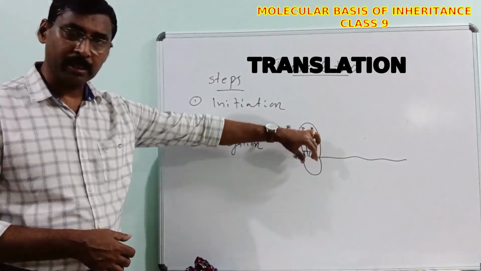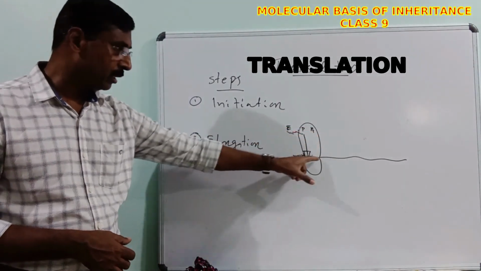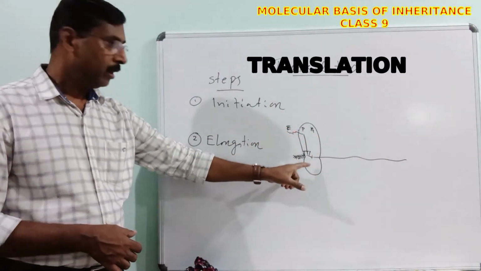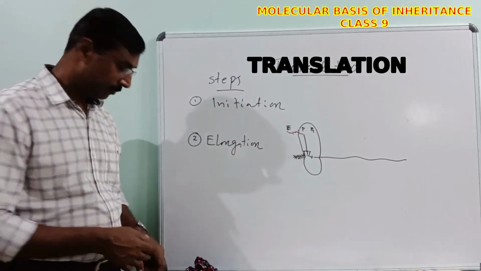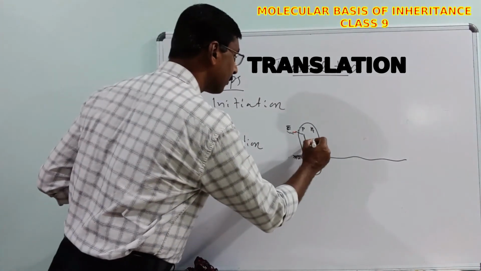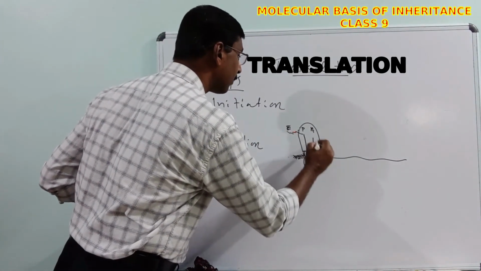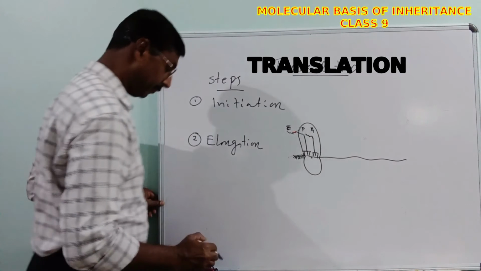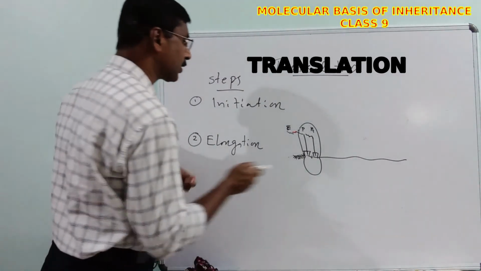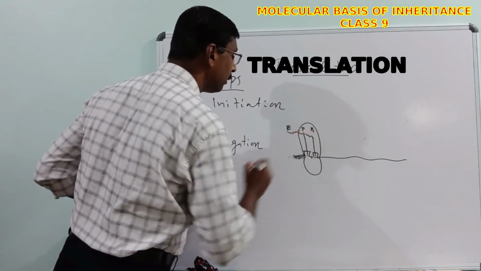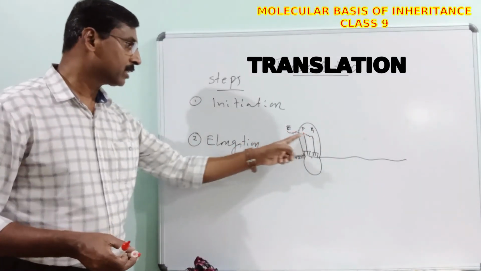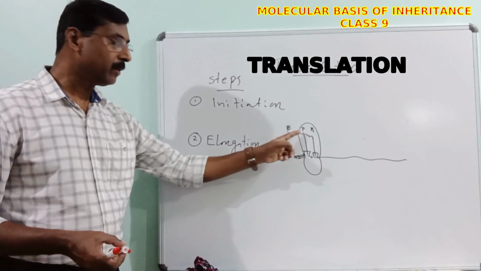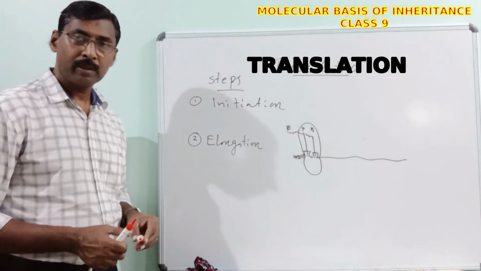It would establish a temporary base pairing with the mRNA, and it carries an amino acid here, and the peptidyl transferase would establish a peptide bond between these two amino acids. Now we get a chain of 3 amino acids.